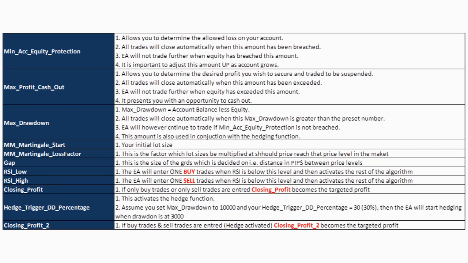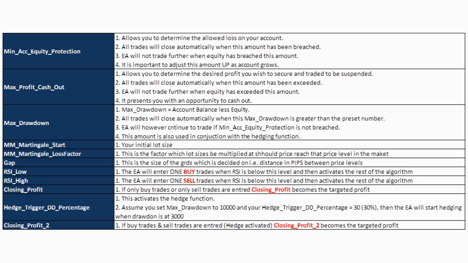Which means if you started with 10,000 and you said your minimum equity amount is 9,000, the only time the EA will stop trading is when the 9,000 has been reached, or if you've achieved your maximum profit cash out. So maximum drawdown does not deactivate the EA or stop the EA from trading. However, minimum account equity protection and maximum profit cash out do stop the EA from trading indefinitely.